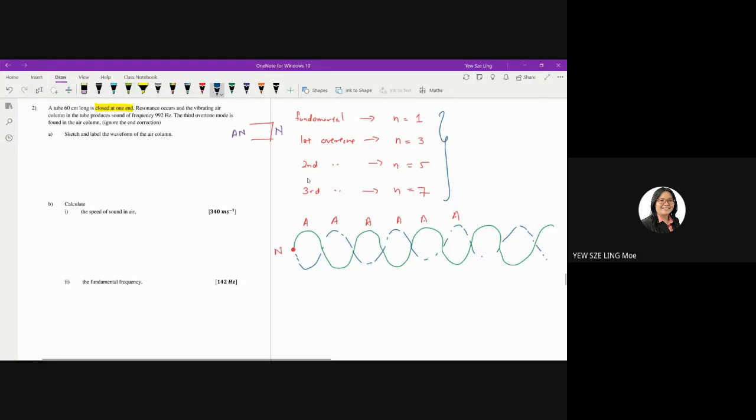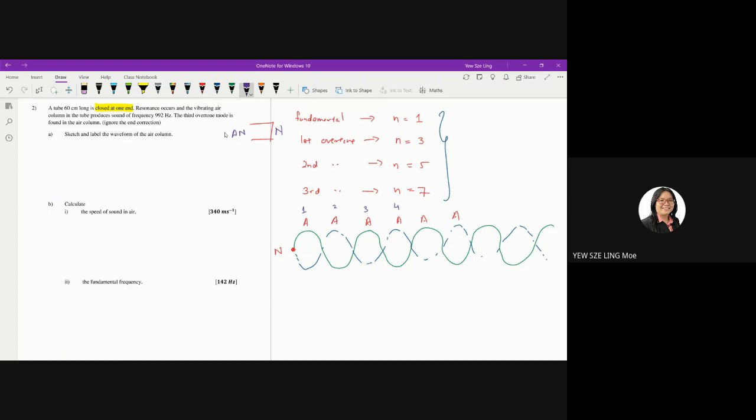So I need to have 4 antinodes in my diagram, because third overtone means the resonant frequency can happen 4 times. All right, so I start from a node. This is my first antinode, my second antinode, my third antinode, and my fourth antinode.